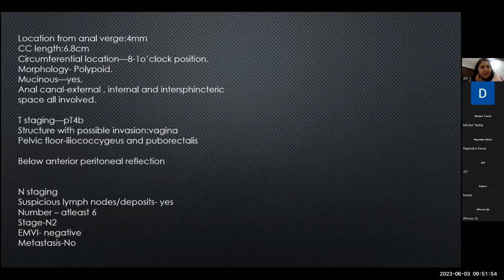This is a post CT patient again, but with an extensive tumor.